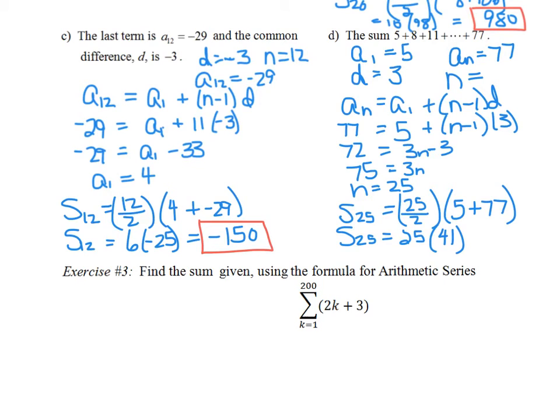So when I multiply 41 times 25, I'm getting an answer of 1025. So you can see through these 4 examples a lot of different scenarios, but in all cases we could find the sum of the first n terms using our sum formula, as long as we have an arithmetic series.